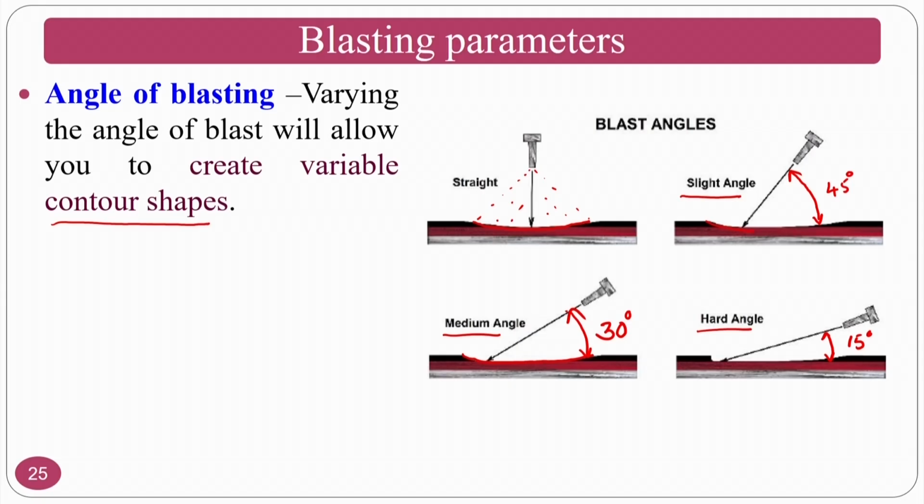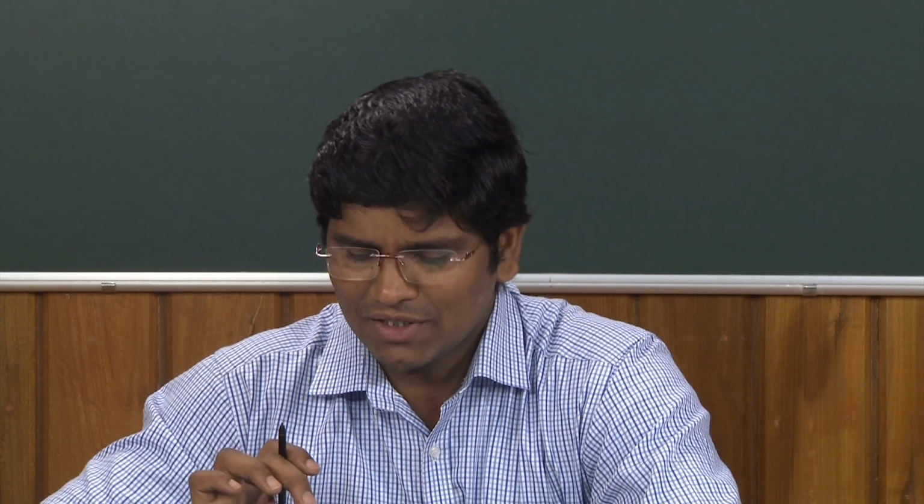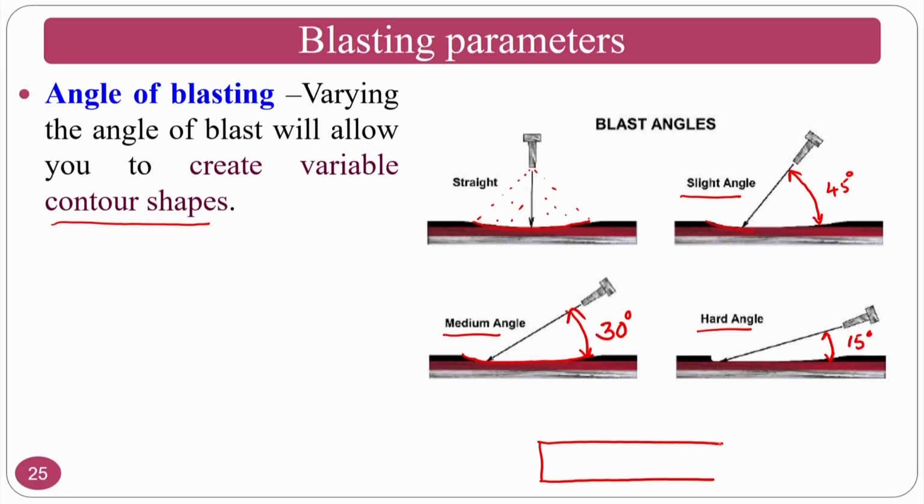At the same time, inclination also helps in delaminating. Assume I have a particular surface with a coating, and I don't want this coating for certain applications. This is my workpiece and this is my coating. In that circumstance, if I want to delaminate, I will go for a hard angle.